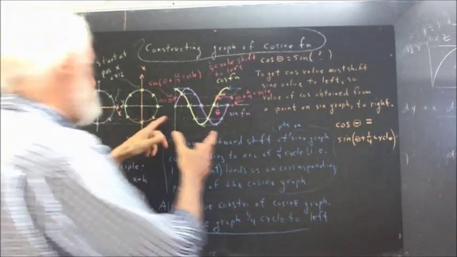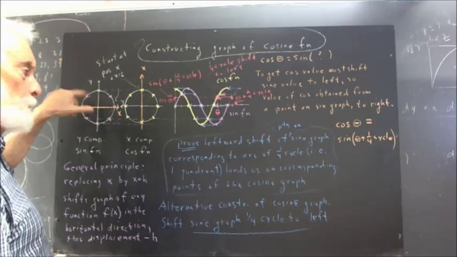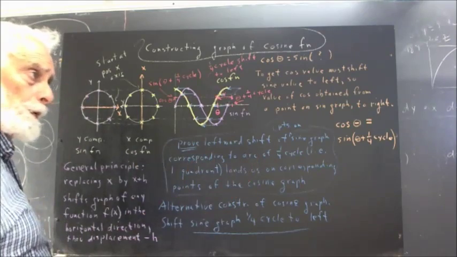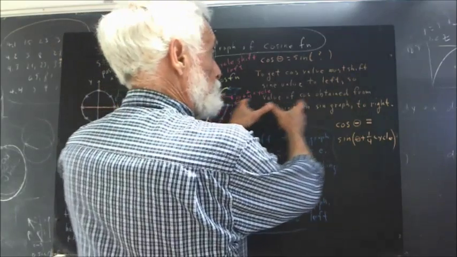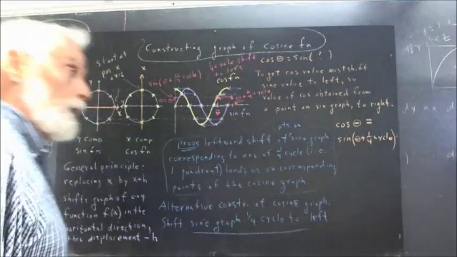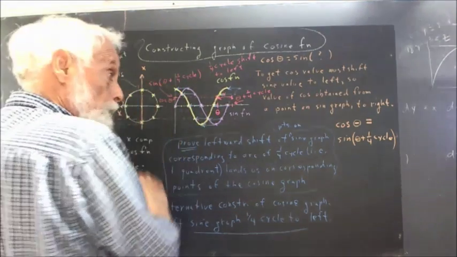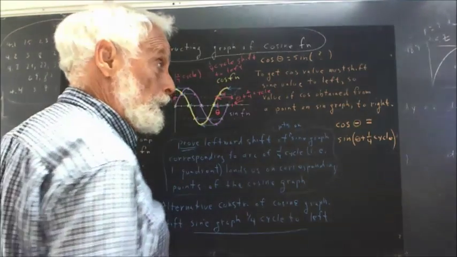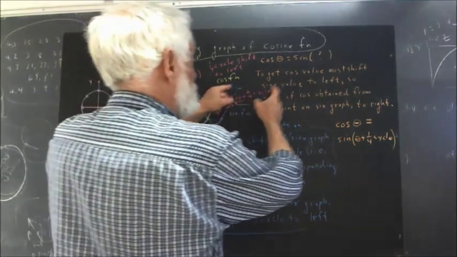And of course, we can think of moving around this circle repeatedly for an unlimited number of times, which is going to give us an unlimited number of cycles of the sine graph. The sine graph will just keep on going. And the cosine graph can be constructed from that just by shifting every point 1/4 cycle to the left, or even just doing it for 1 cycle and then just repeating this cycle.